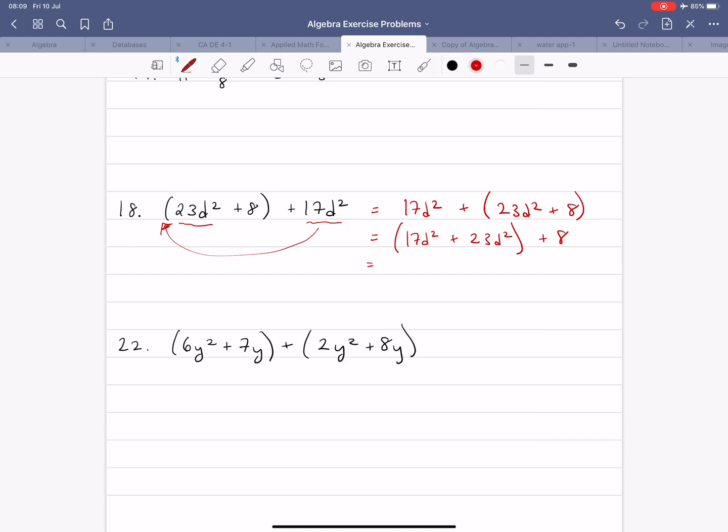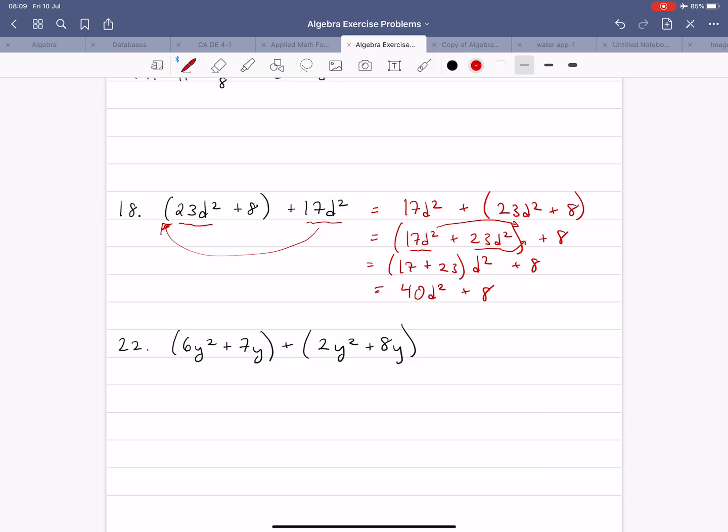This is going to be the same as quantity 17 plus 23, d squared, plus 8. There I applied the distributive property to factor out the d squared, which is common to both these two terms. And then I have 40d squared plus 8.